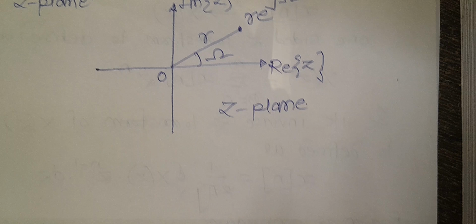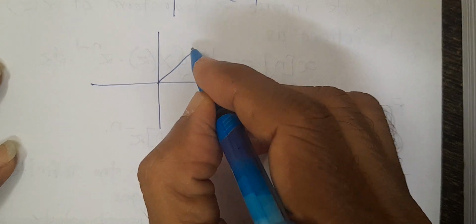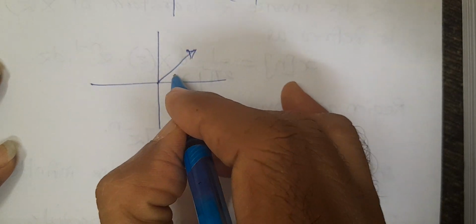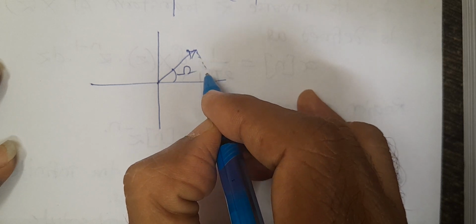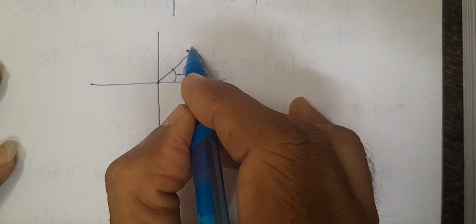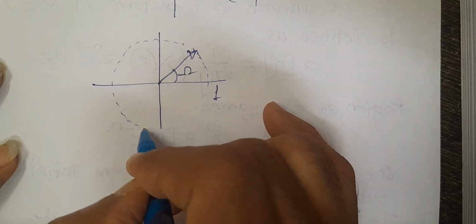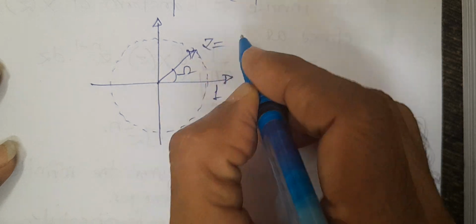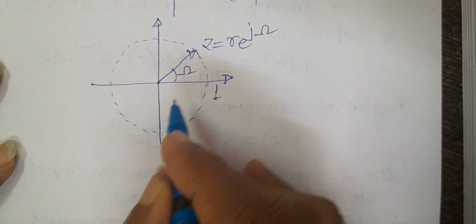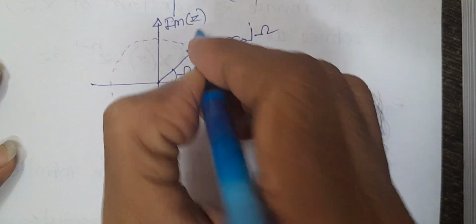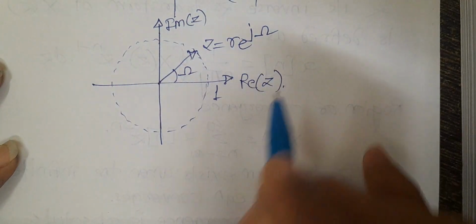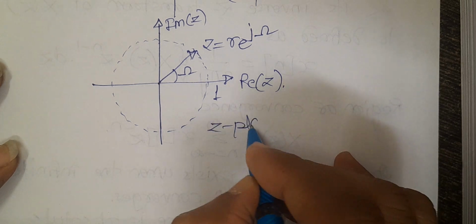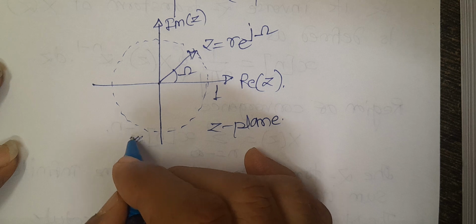Now the unit circle we can also show: suppose this is the unit circle having magnitude of 1, z is equal to r into e raised to power j omega. So this is called the unit circle.